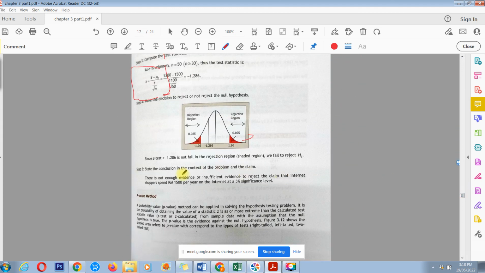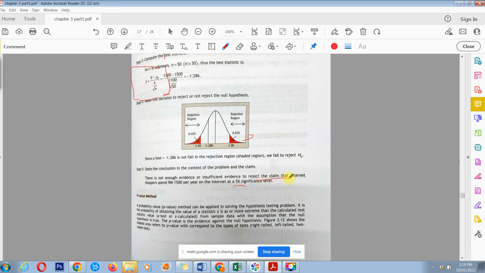There is not enough evidence, or insufficient evidence, to reject the claim that the internet shopper spends 1,500 per year on the internet at the 5% confidence interval. So this is the keyword that you need to put. This is the keyword, the claim.